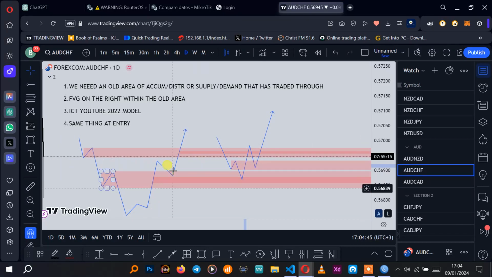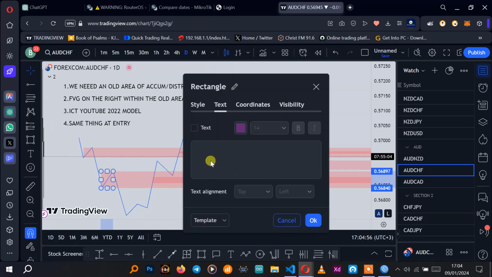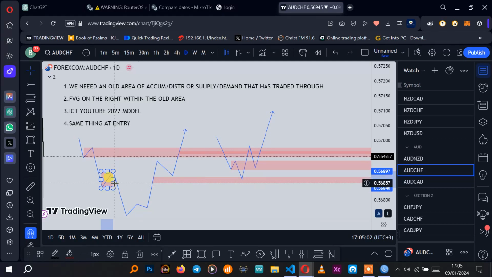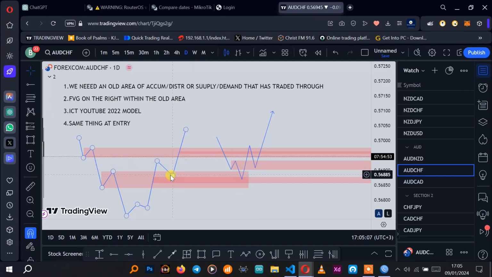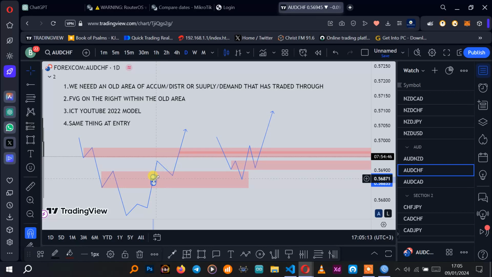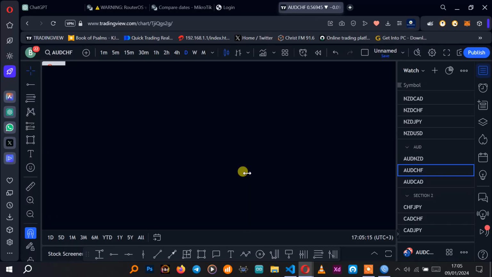Remember, we had this big time frame setup. We spotted this fair value gap and waited for price to come back to this point here. So this is the zone that you've marked, and this is the FVG on a lower time frame that you've marked out.